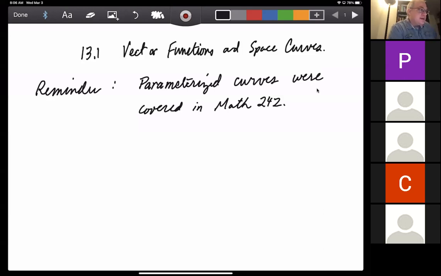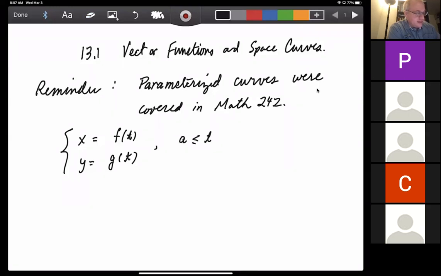And the idea is that you could specify a curve by giving, for instance, a curve in two-dimensional space might be specified by giving x and y as functions of t with some set of allowed t values, right?